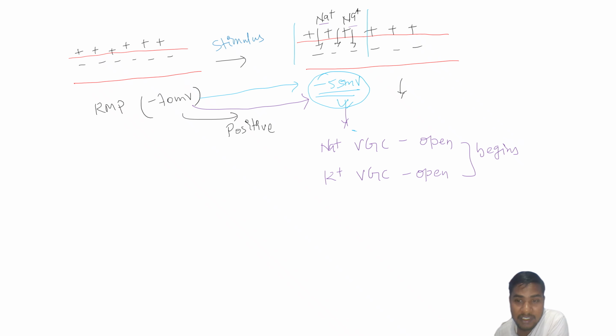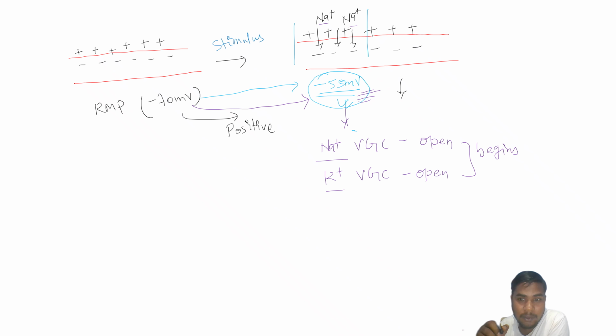That is, if it is minus 65 millivolt, then this will not lead to the opening of the sodium or potassium voltage gated channels, and it will not lead to further entry of sodium ion inside. So this is the threshold, where it leads to the sodium and potassium voltage gated channel opening.